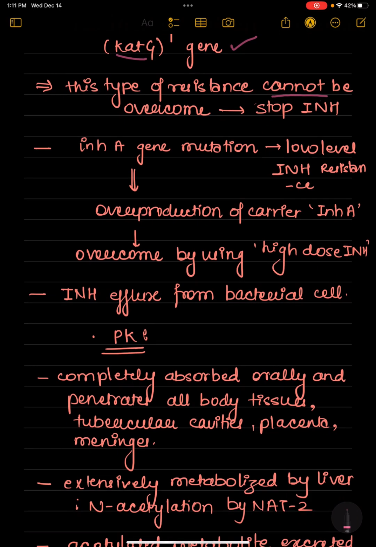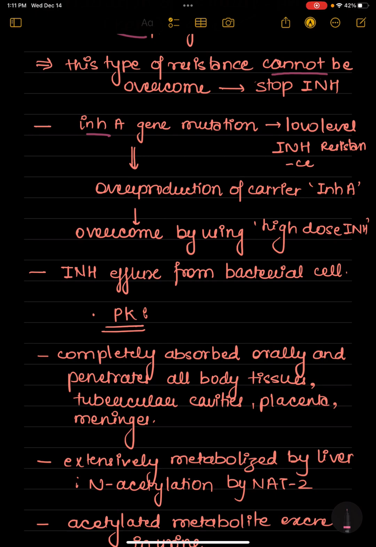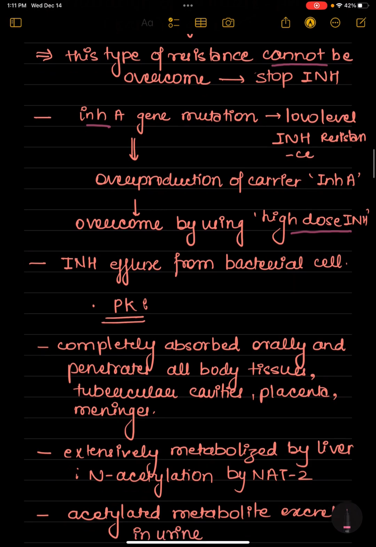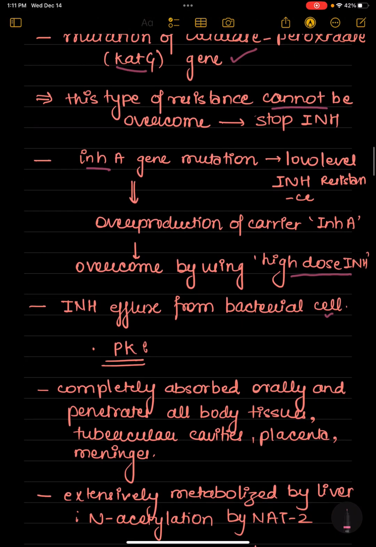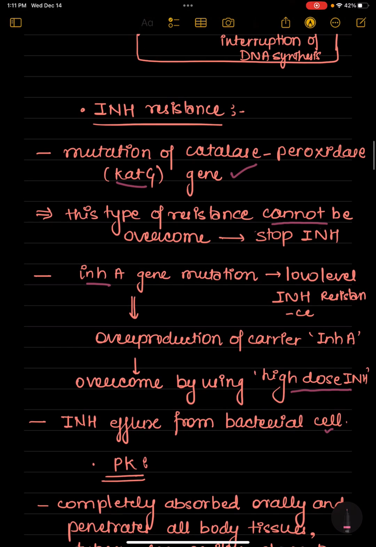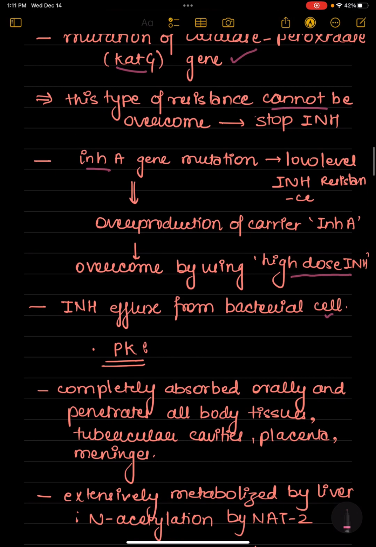Next, resistance is due to INHA gene mutation, and it can be overcome by high dose of isoniazid. Next, resistance may be due to isoniazid efflux from bacterial cells. So there are three mechanisms by which there is isoniazid resistance. First is mutation of catalase peroxidase gene. Next is INHA gene mutation, and next is efflux from bacterial cell.